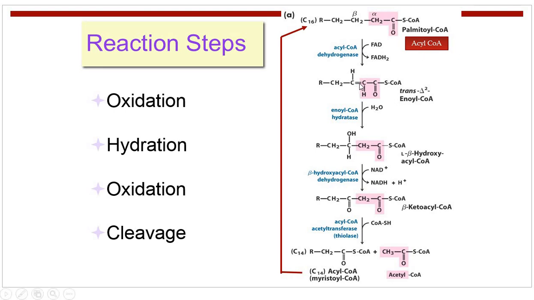It adds water across the double bond at the C2 and C3 carbons of the trans-enoyl coenzyme A, and this hydration reaction generates a hydroxy group at the beta position of the fatty acid, which converts the trans-enoyl coenzyme A to beta hydroxy acyl coenzyme A.